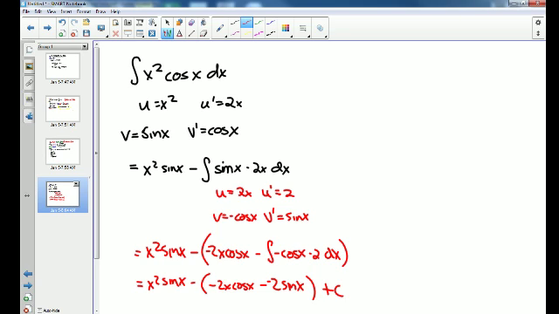I think that's just right. And then you will want to simplify it. Distribute your negative and watch the negatives. That's a double integration by parts.